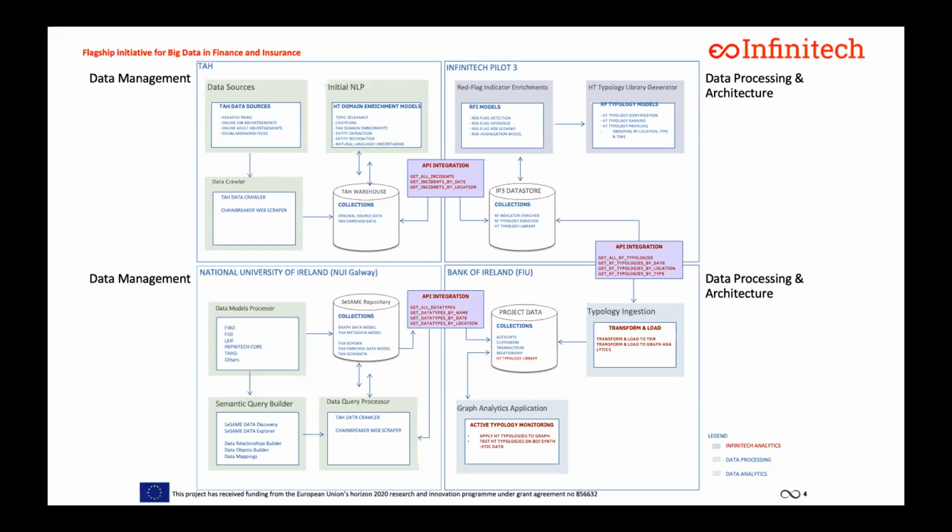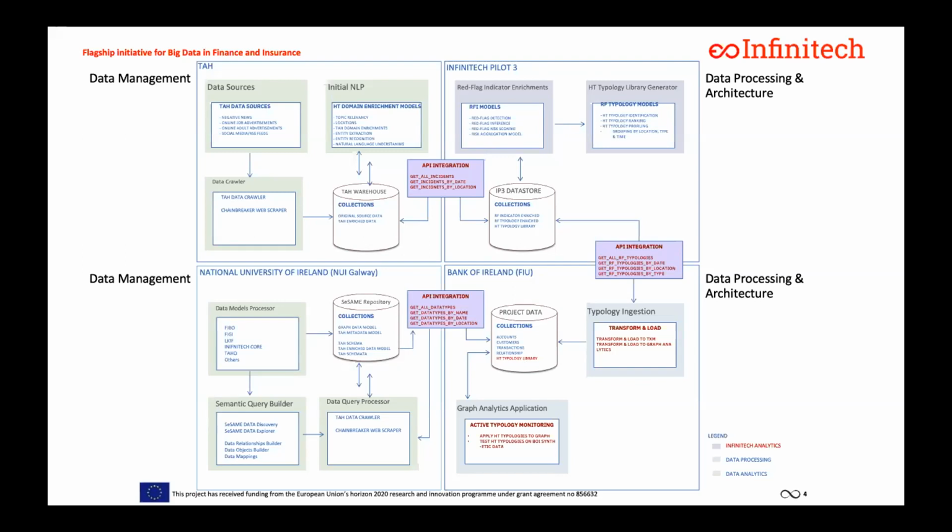That's the target plan. And last but not least, in quadrant 4, we also have the Bank of Ireland ingested information, which also relies on typologies, but these typologies are banking typologies, different from the typologies in the traffic analysis hub. And then you see the complexity of having these different data sources, repositories and databases, and the advantage of API integration.